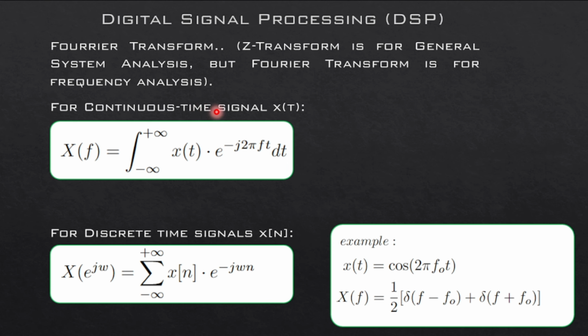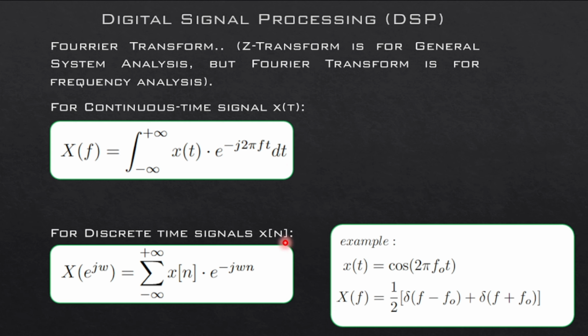For a continuous time signal xt, you have Xf equal to the integral from minus infinity to plus infinity of xt times e to the power minus j 2 pi f t dt. That's the transform, by the way. This is how we transform from the time domain to the frequency domain.